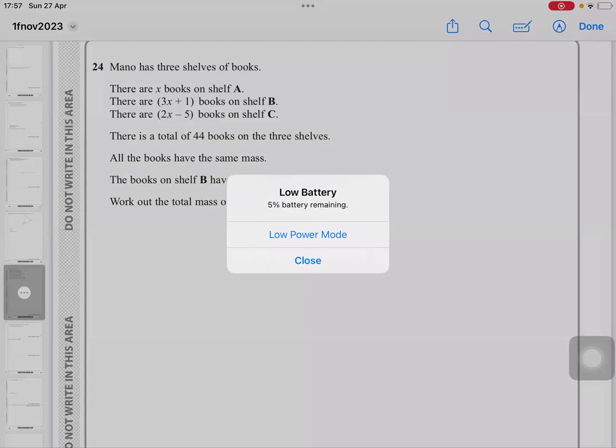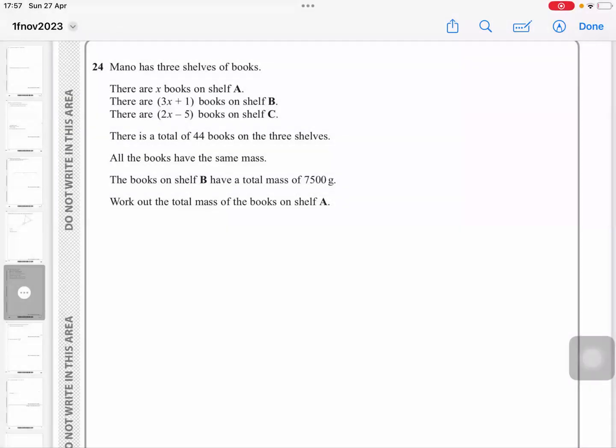Okay, your battery is low. I think you want to charge it. Yes, sir. Let me go get the charger. Sorry. Okay, all right, I'll wait.